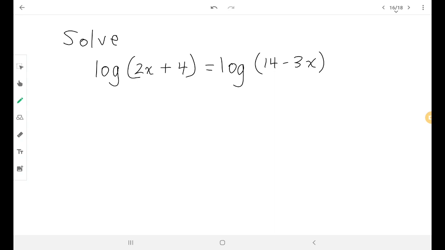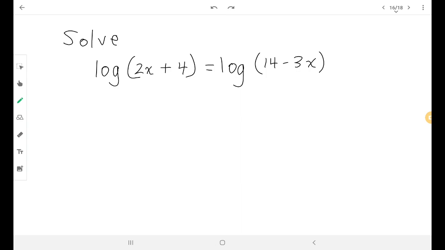So let's look at how we would solve something like this. As long as you have a log of the same base, and in this case, notice that we don't have a base written, that means the base is 10. If you just see log with no base, the base is 10.